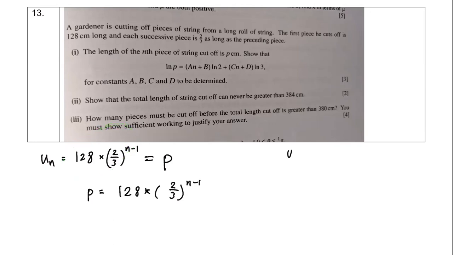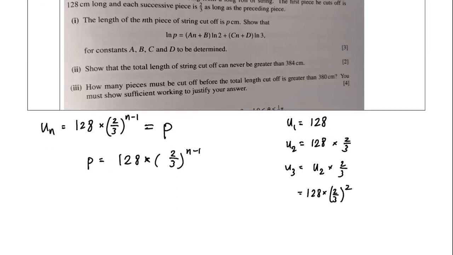If let's say this is the first piece, it will be 128. If it's the second piece, it will be 2/3 of the original, so times 2/3. Then if it's the third piece, it will be 2/3 of the one preceding, which means it will be u2 times 2/3, which is 128 times 2/3 times 2/3, which is 2/3 to the power 2. So you start to see the pattern.